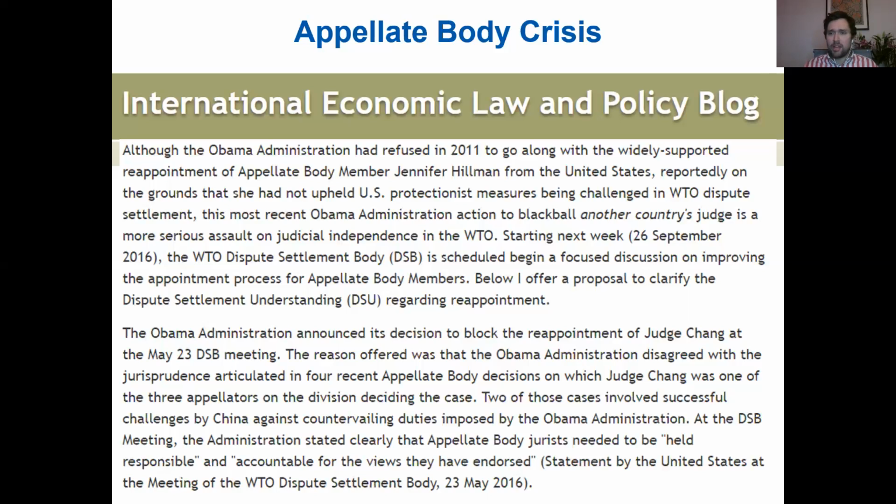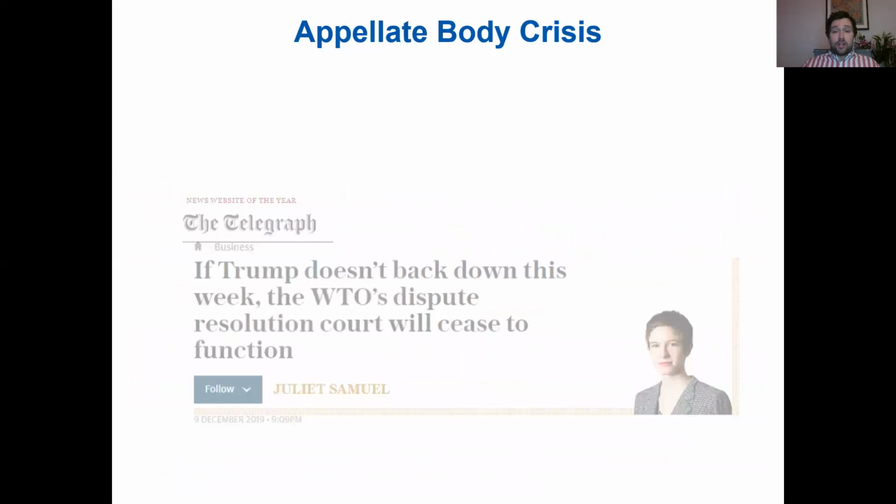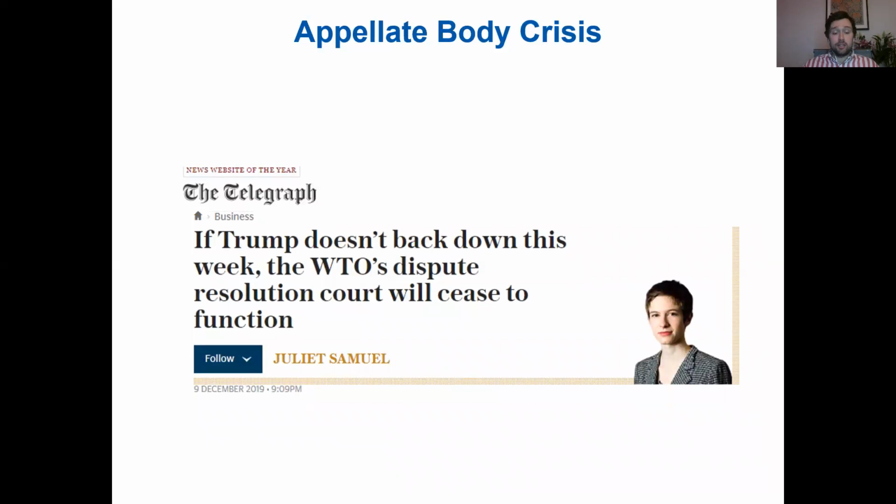So there are many disappointments the United States express with respect to the appellate body. However, there is no real way out of this situation, because the appellate body cannot be reformed in any fashion that the United States is proposing. So that lasted and lasted.